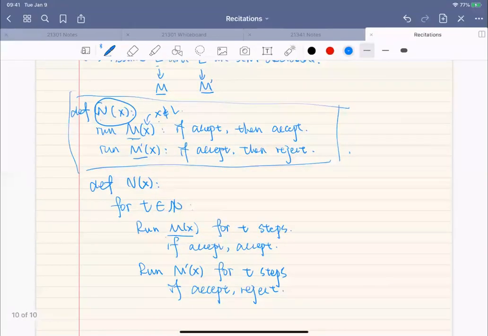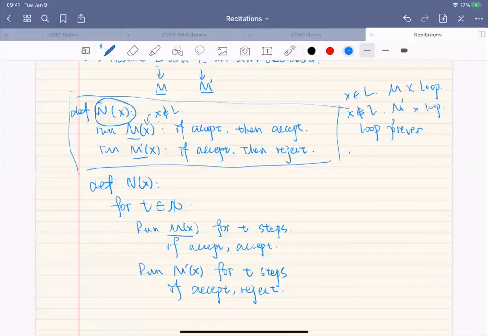Let's now walk through the algorithm and see why this works. Remember that the previous algorithm doesn't work because it's possible for it to loop forever. But one thing we know for sure is that if X is in L, then M doesn't loop, and if X is not in L, then M prime does not loop.